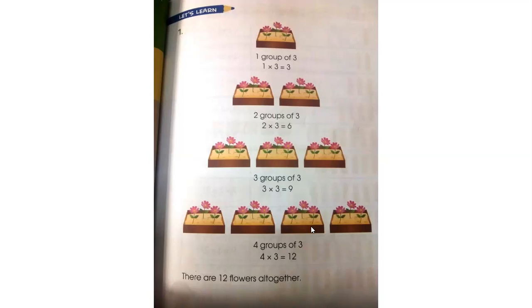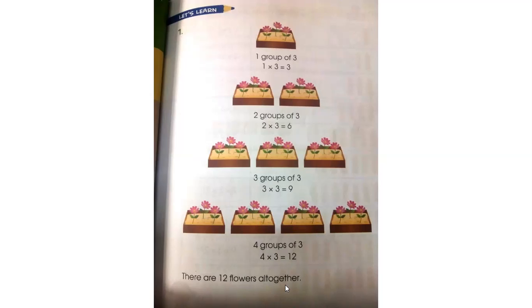Now 4 groups, and each group contains 3 flowers. This is a group, 4 groups, and each group contains 3. So 4 threes are 12. These are 3, 6, 9, and 12. There are 12 flowers altogether.